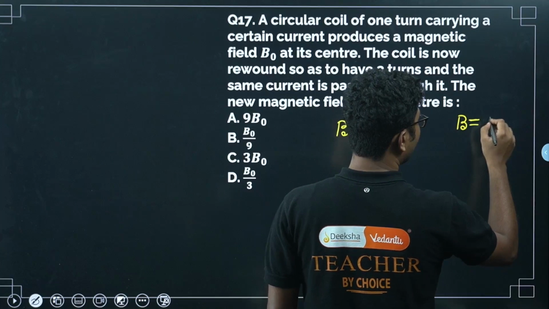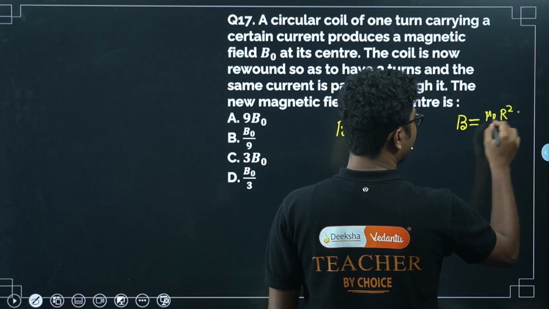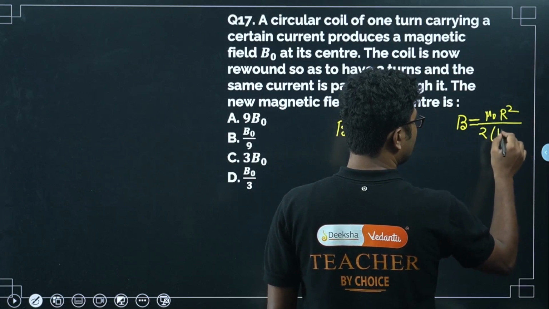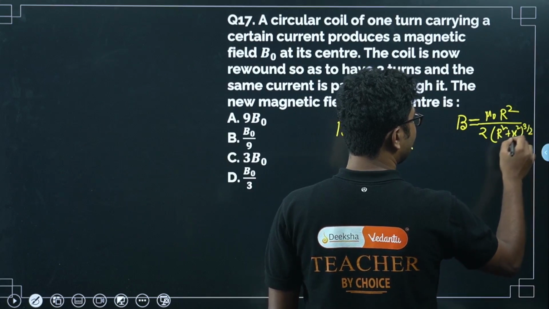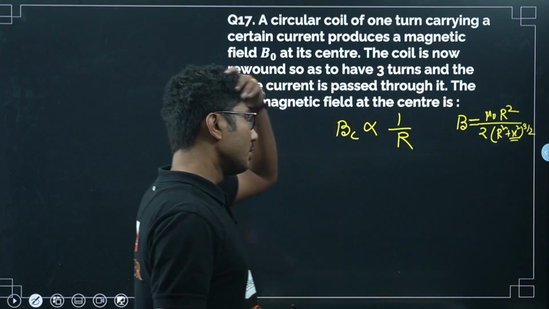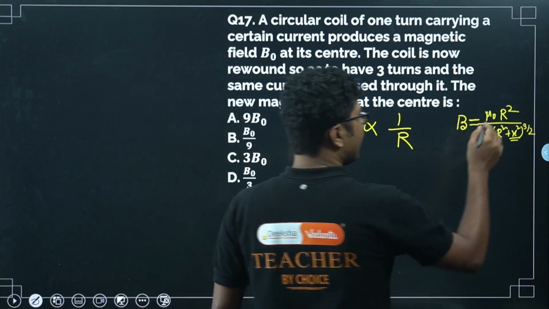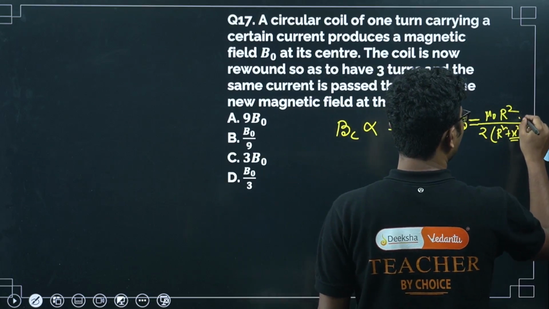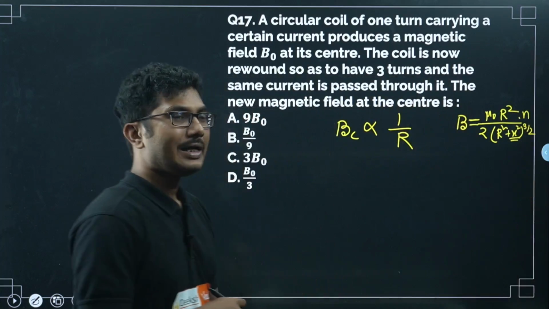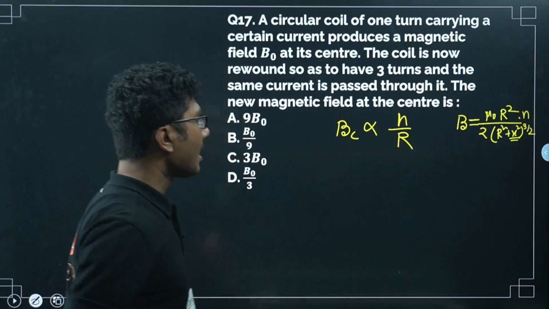That formula was mu naught r square divided by 2 times (r square plus x square) to the power 3 by 2. Now at the center we need to put x equals 0, so it will come out to be 1 by r. Also here it is for only a single turn. If we have n number of turns, then it would be dependent on the number of turns as well, right?